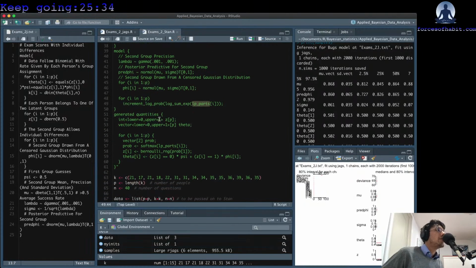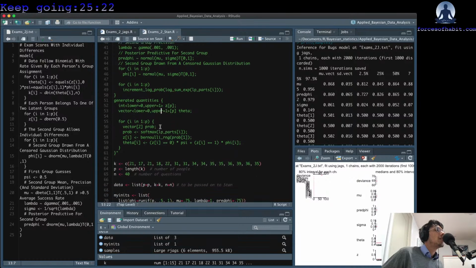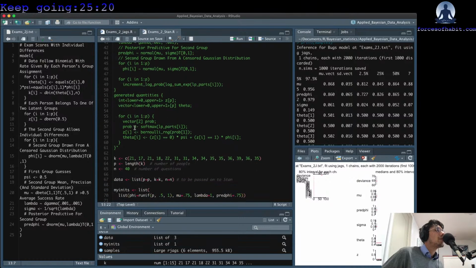And now we want to generate Z for a person, and Z can be, or we want a vector 0, 1. We'll call it theta, so it's the success rate. And so for a given person we have a vector called prob. Prob is going to be a softmax, and it's going to be made up of the parts for a given person.